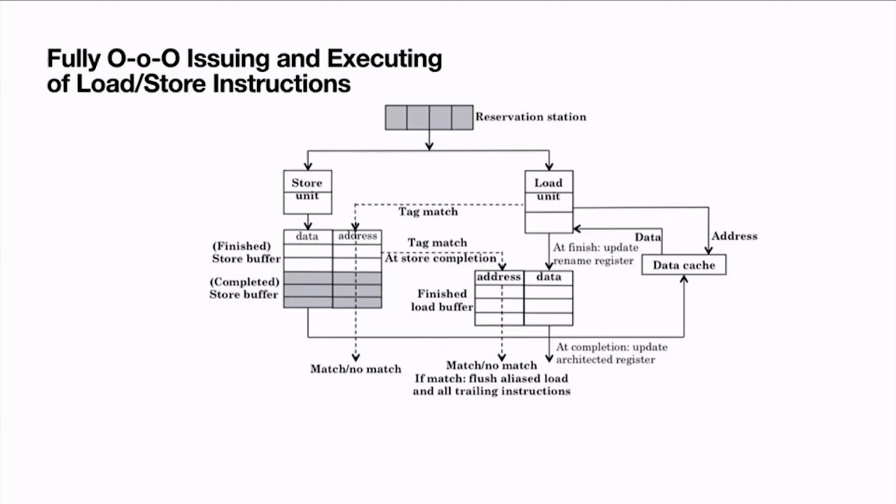After some time, let us say the load is compared with the tags of the stores and so on, and none of these matched. That indicates this load is correct. Now we can reset the load bit, and also reset the add and the multiply. But if that is not the case, for example, there is a store which matched the load address, then I'm going to invalidate the load, and also invalidate the add and the multiply.